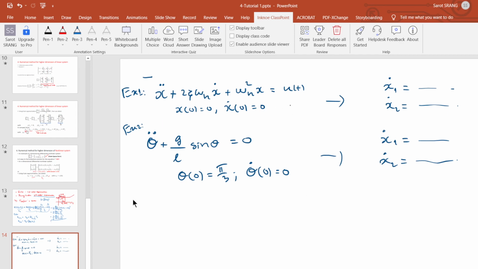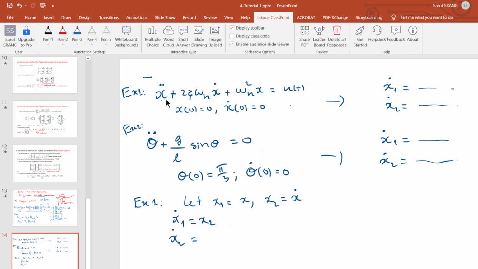Okay, for example one, actually you can use the same method. Let h1 equal to h and h2 equal to h dot. So the first equation would be h1 dot equal to h2, right? And then h2 dot would be h double dot.